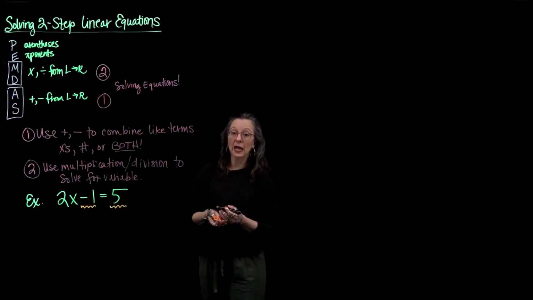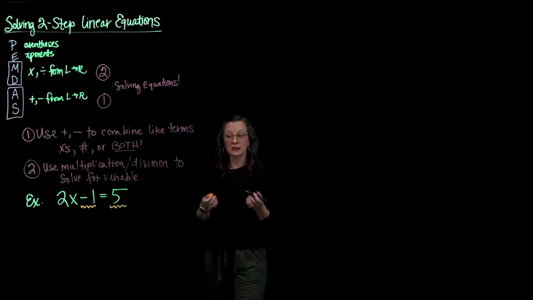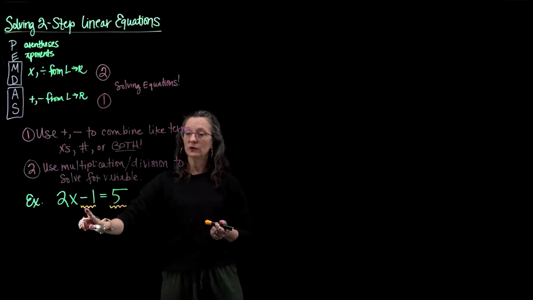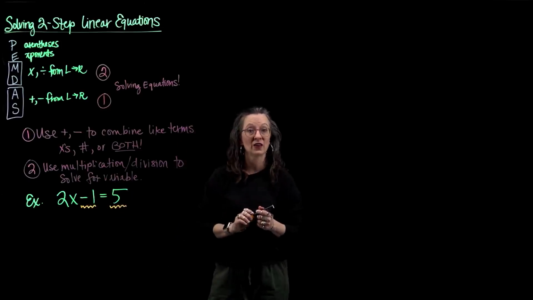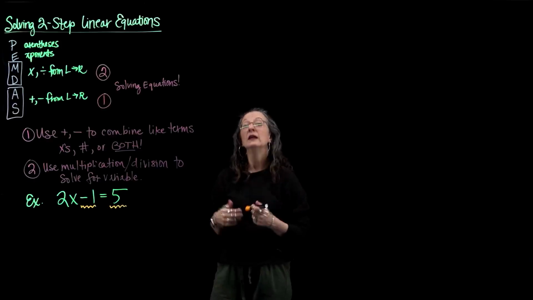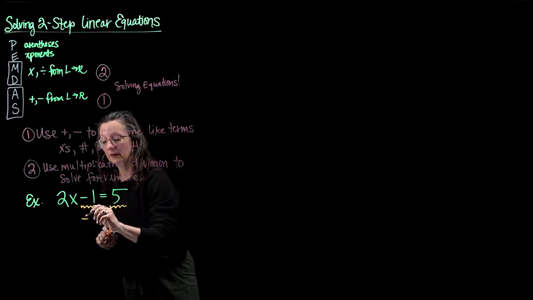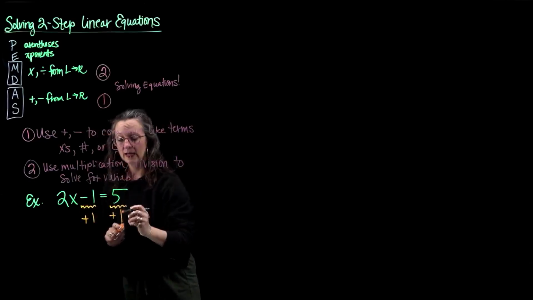So to put them together, we need them on one side of the equation. So I'm going to move this minus 1 over to the other side, and the way I do that is by doing the opposite of minus 1, which is adding 1.